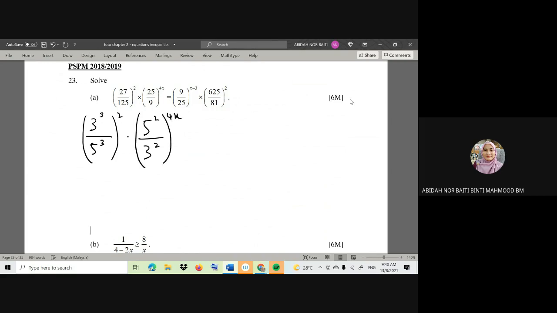Outside there is 4x, that is the same. 9 is 3 square, 25 is 5 square, power of x minus 3. 625 is 5 to the 4, 81 is 3 to the 4, power of 2.